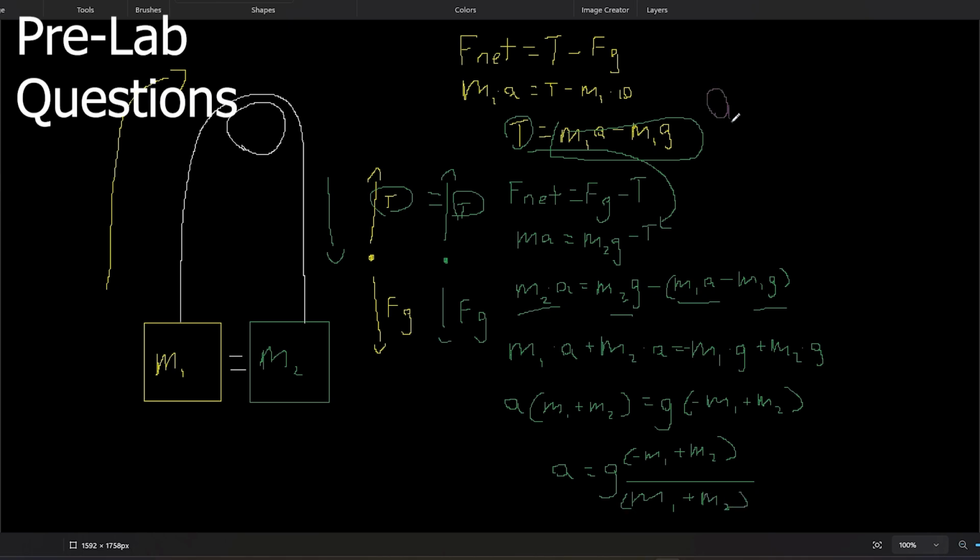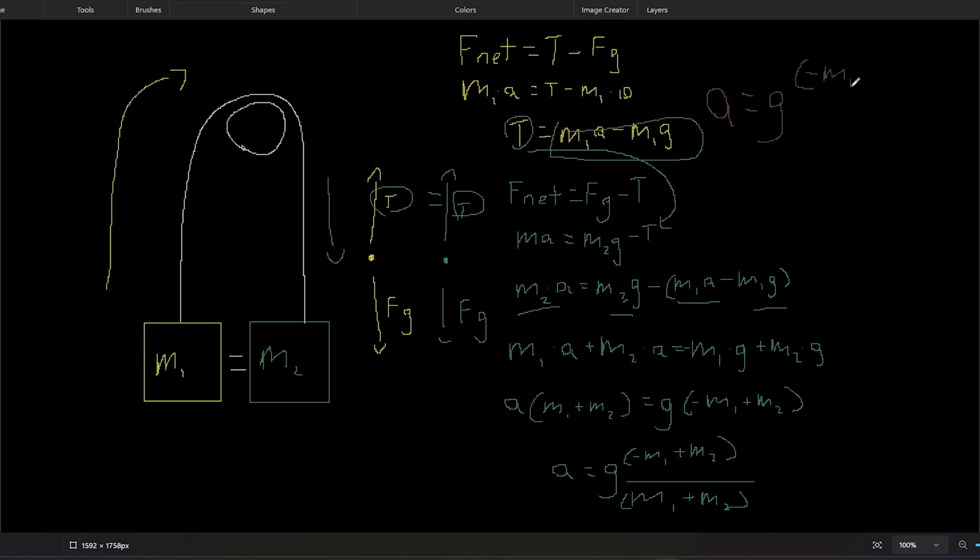So our formula is acceleration equals gravity multiplied by negative M1 plus M2 over M1 plus M2. So this is the formula we would use for acceleration.